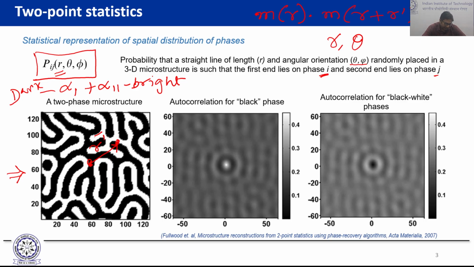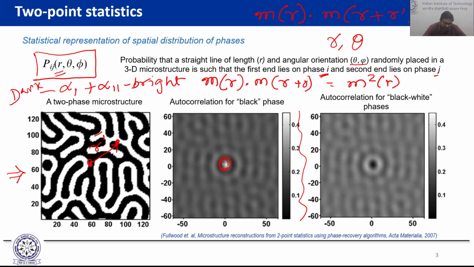Now here at the center of the image, if I have a black colored phase, then the autocorrelation right at this point is going to be extremely bright, because when I'm looking at the center only, the 2-point statistics function is going to become m(r) times m(r plus 0). In other words, I would have m squared(r). Now this brightness depends on the scale over here, right?